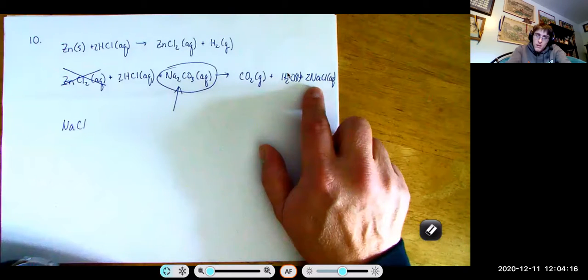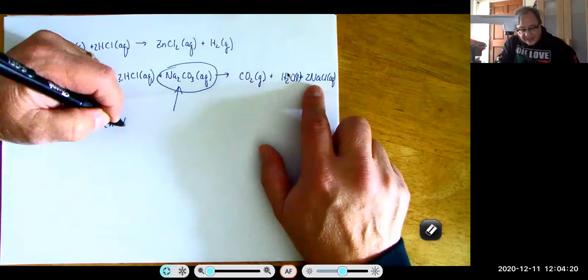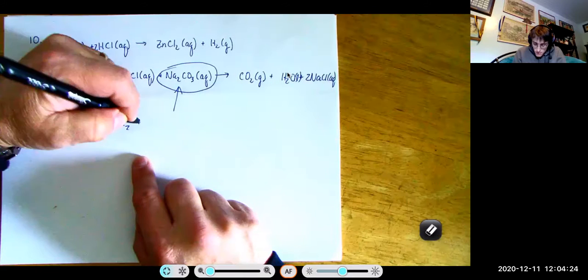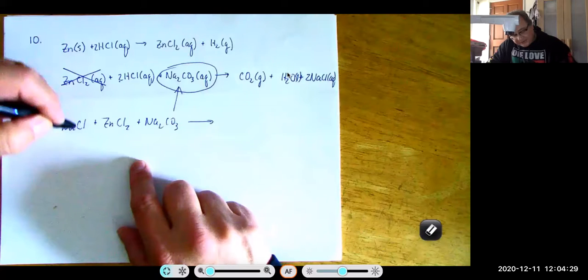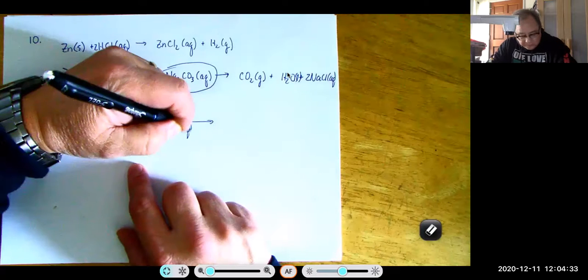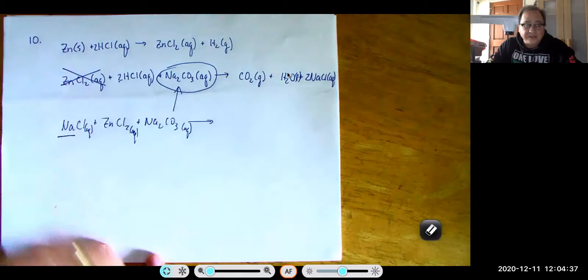Okay. So that means that now we have sodium chloride in there, right? We still have zinc chloride in there because the zinc hasn't gone away. And we have sodium carbonate in there. Now these are all aqueous. So what's the likelihood that the sodium ends up as part of the solid that forms?